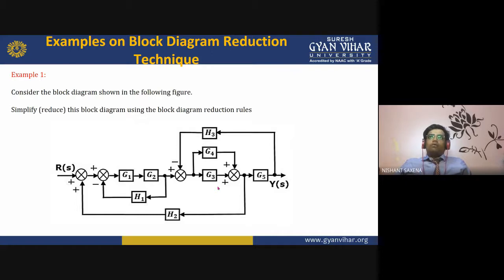Starting from the block diagram reduction technique which we discussed in the last lecture, let's take an example. We have this block diagram in which we have the different gains G1, G2, G3, G4 and G5, and three feedback paths H1, H2 and H3.